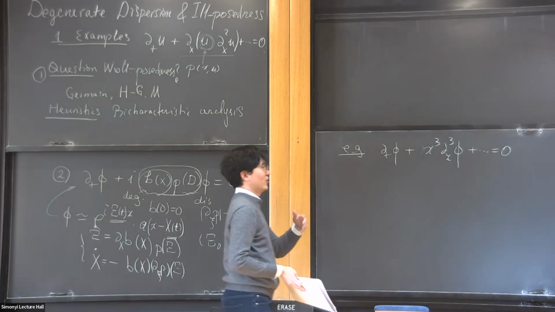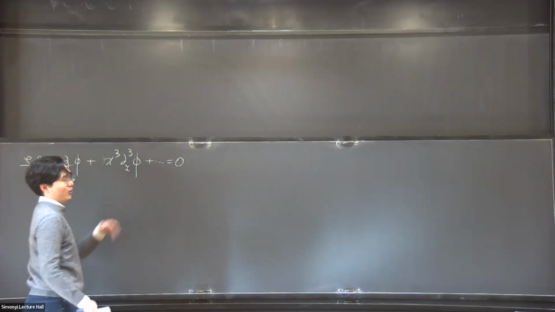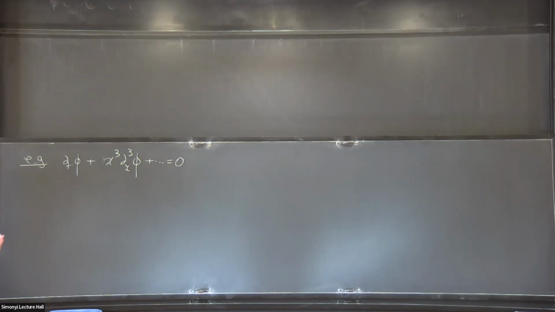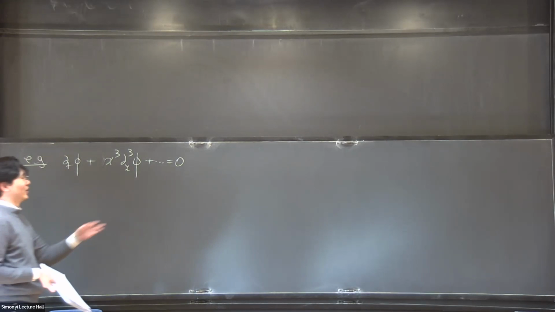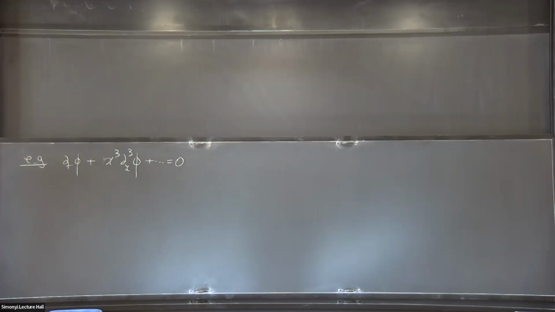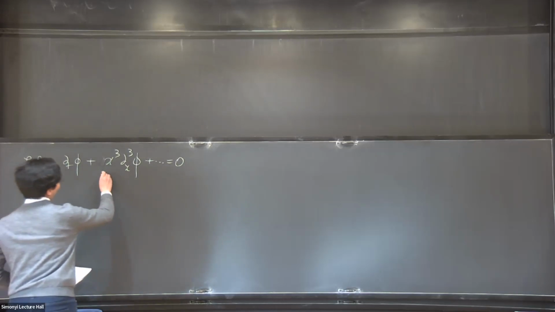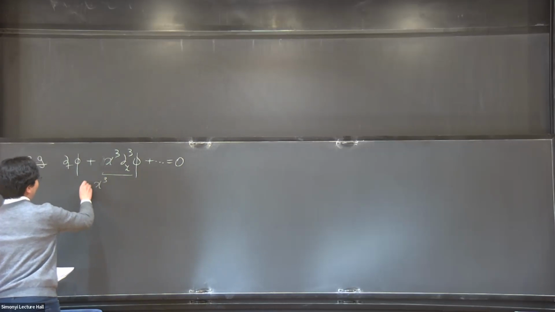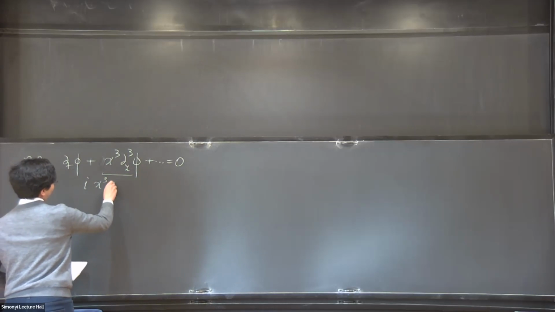And as I told you earlier, the structure of lower order terms is not so important. You can always change variables to modify lower order terms in the way you want. And the symbol corresponding to this is simply i x squared times ξ squared.